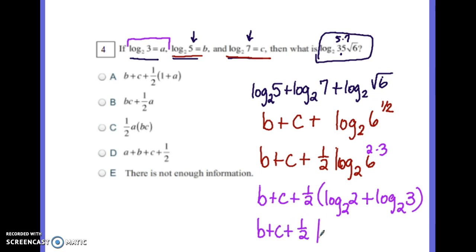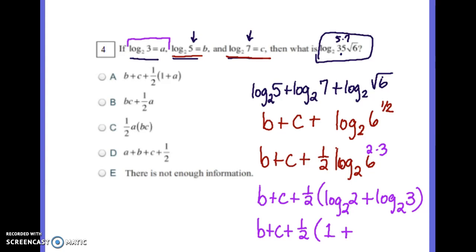Then as you continue to simplify, log base 2 of 2. You don't have anything in the problem statement that addresses log base 2 of 2, but you think, okay, 2 to the what power gives you 2? Remember, a logarithm is simply a fancy exponent. So 2 to the first power gives you 2, and I can replace log base 2 of 2 with simply a 1.